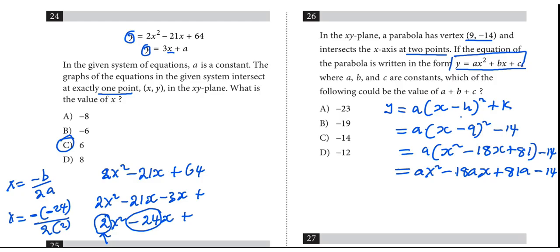So now remember that the equation is in this form. So we are going to compare ax squared with this one.